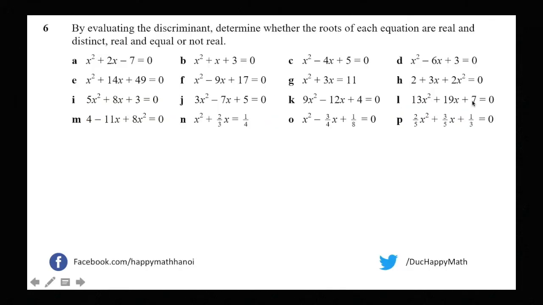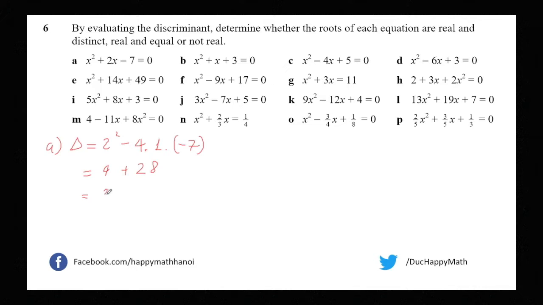By evaluating the discriminant, determine whether the roots of each equation are real and distinct, real and equal, or not real. Okay, this question is quite long. Let's check. Question A. First you have to define delta. b squared minus 4ac, minus 7. Take care about minus times minus. 4 plus 28.